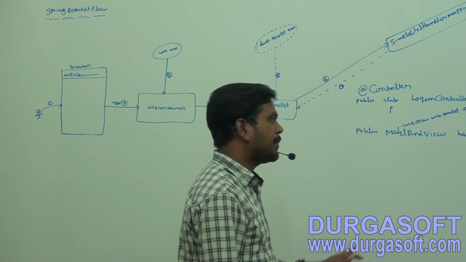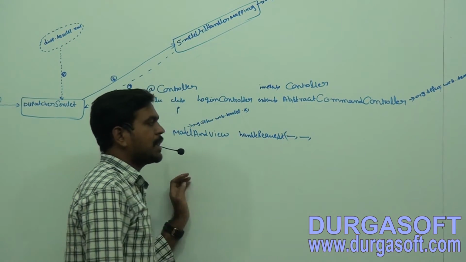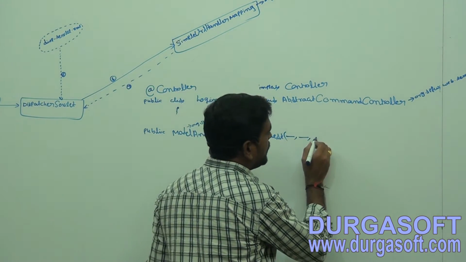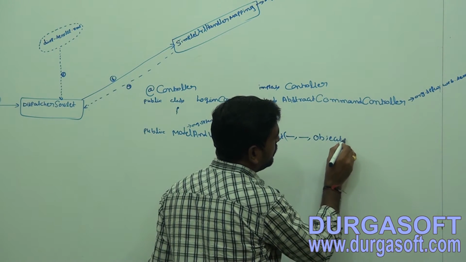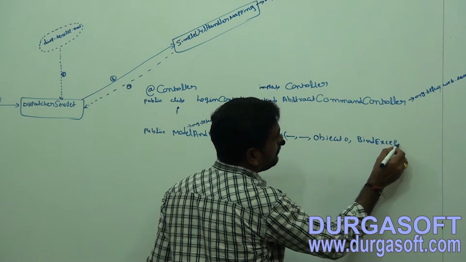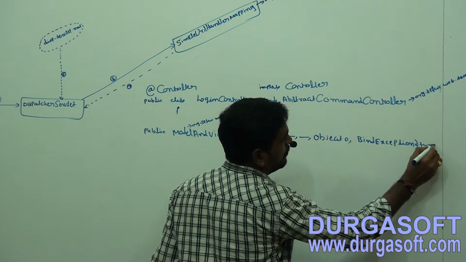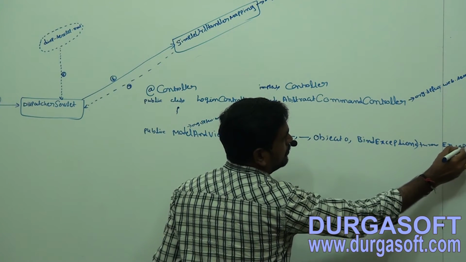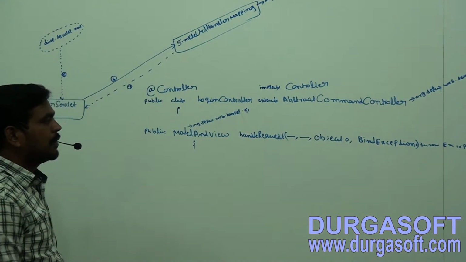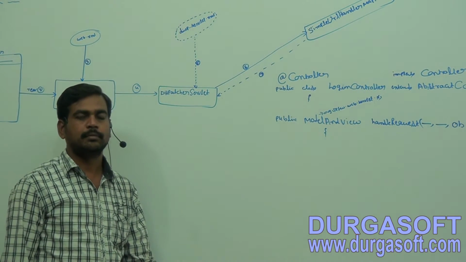This predefined method takes a total of 4 parameters: HttpServletRequest, HttpServletResponse, Object o, then BindException e, and it throws Exception.